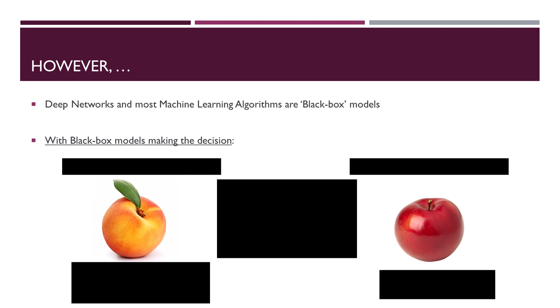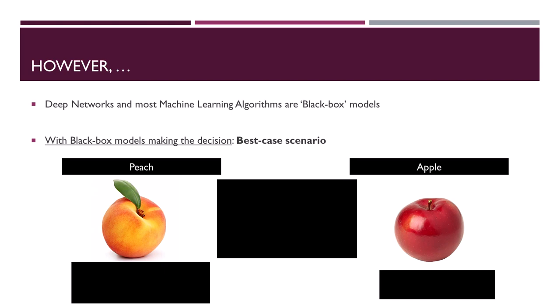In the best case scenario, the black box model makes the right decision. It labels the peach as the peach and the apple as the apple. However, even when it's correct, we do not know what attributes it's looking at.